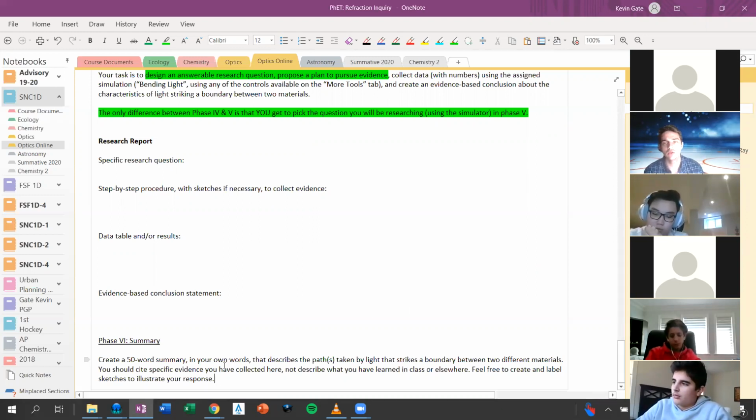What I want you to do is think about what you've done in this simulation from phase 1 to 6 and tell me what happens to light as it passes the boundary. Does it speed down? Does it speed up? Does it bend? Does it go straight? What are the parameters? What are the things that might stipulate how the light behaves?